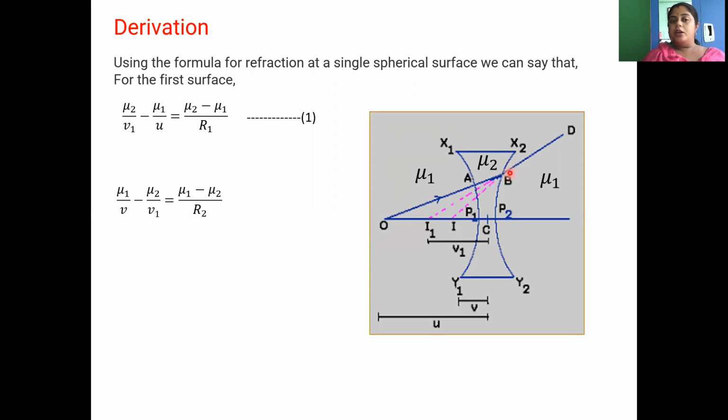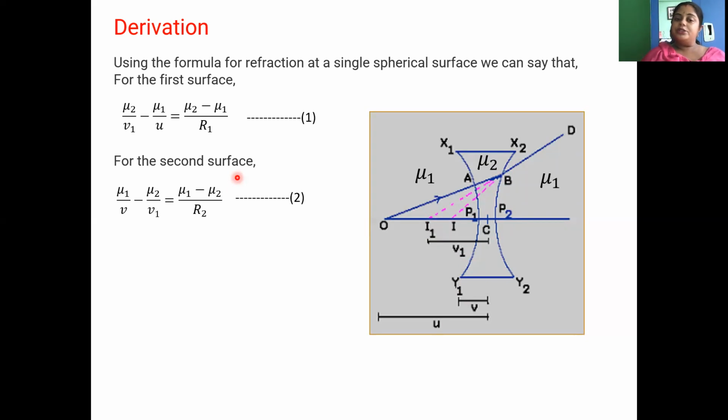So for the second surface, your object will be I1 and the final image will be I. So P is your image distance and P1 is your object distance. For the second surface, you will get the refraction formula like this.